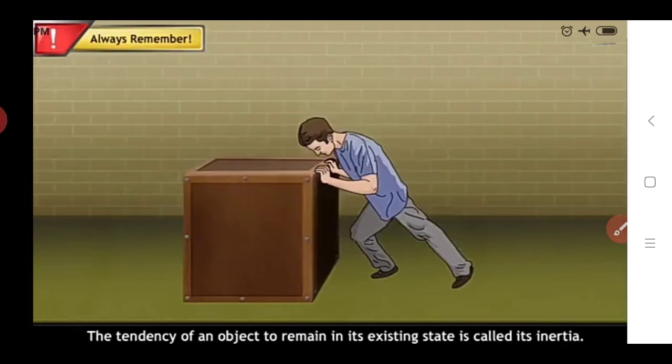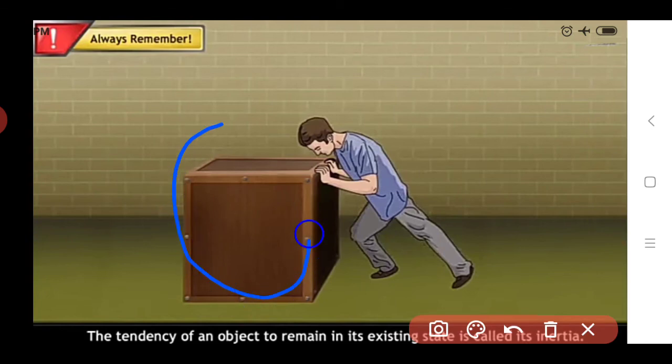Always remember, the tendency of an object to remain in its existing state is called inertia. So here we know what inertia is, and you should remember this definition. If an object remains in a stationary state, it has the ability to remain as it is in its stationary state.